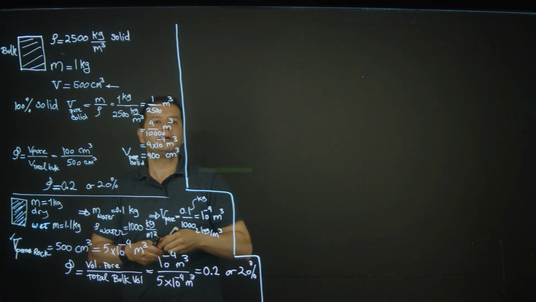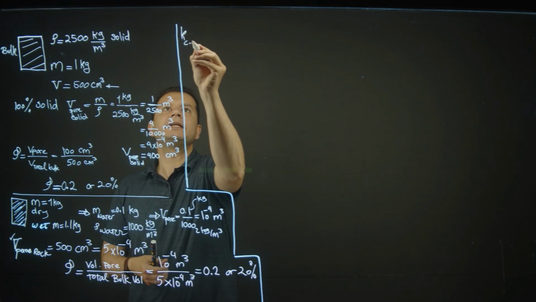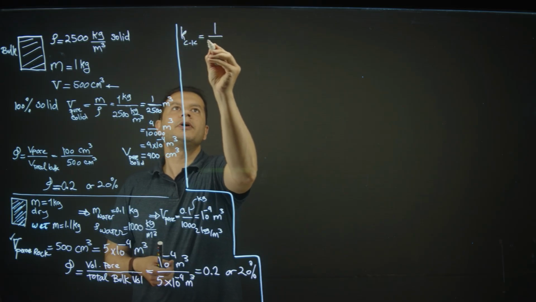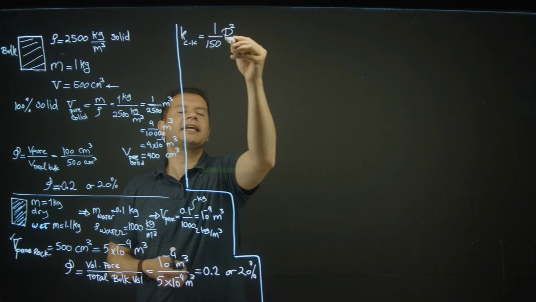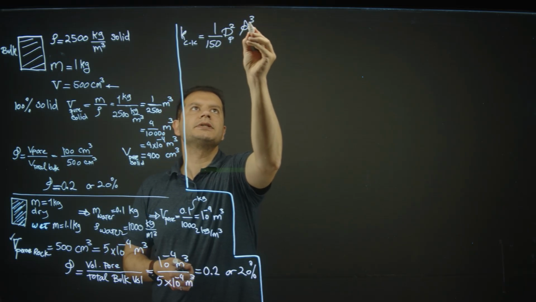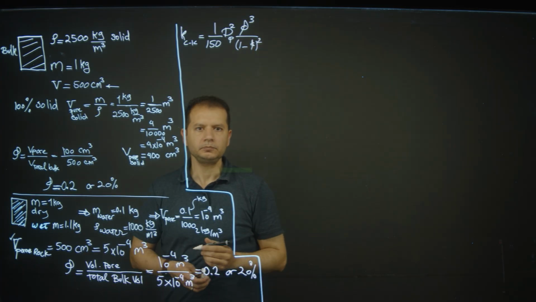So that was porosity for now. Now I go to permeability. Remember, permeability with Kozeny-Carman was 1 over 150 times grain size diameter to the power 2, porosity cubed, over 1 minus porosity to the power 2.